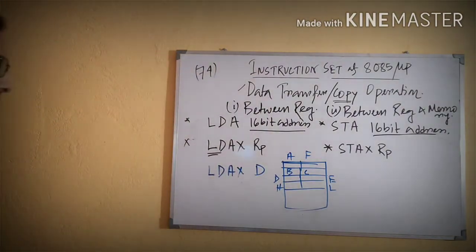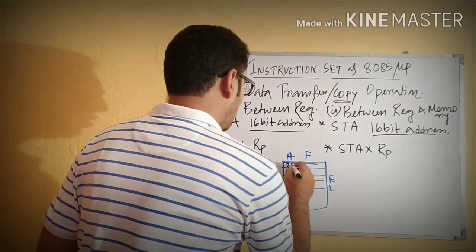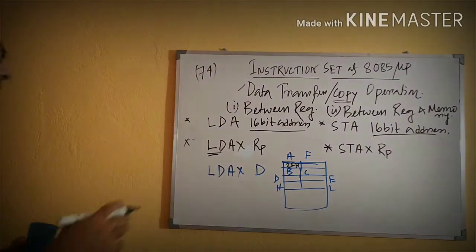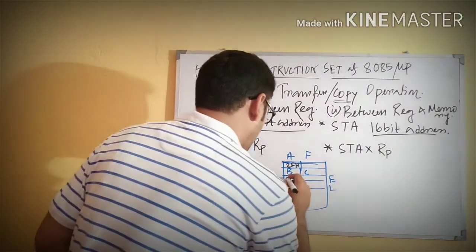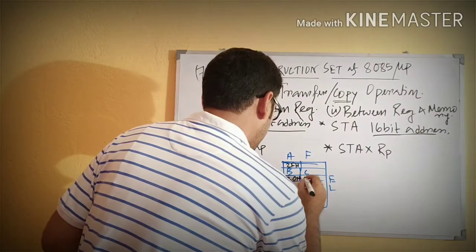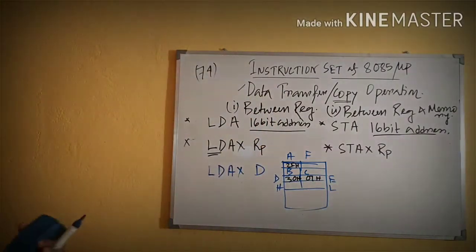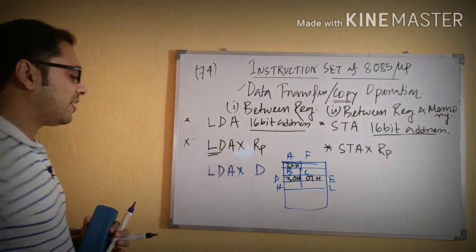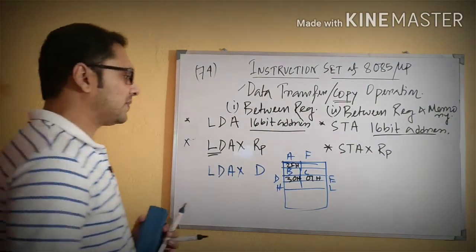Now assume the content of the accumulator is 2F hex and the DE register pair contains data that can be this one, 30 hex, 01 hex. Assume that is the condition. At this condition we have executed LDAX D. Then what will happen?